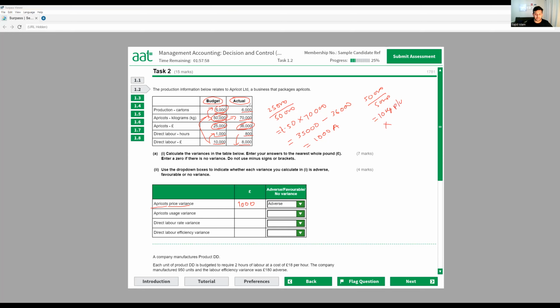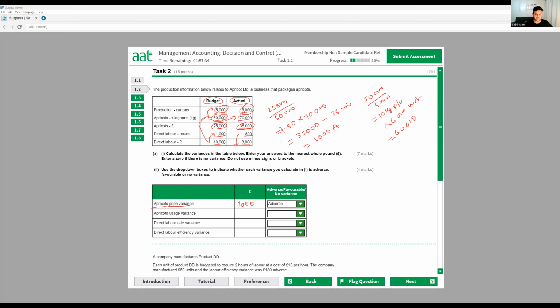So for 6,000 units, times 6,000, it should tell me how many kilos I should use. I should use 60,000 kilos for 6,000 units, because 10 times 6,000 is 60,000.